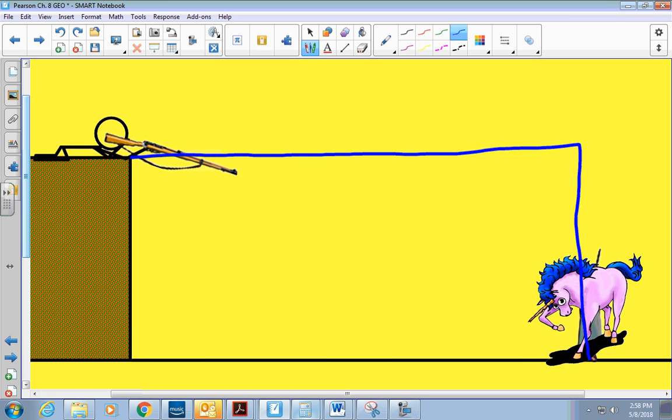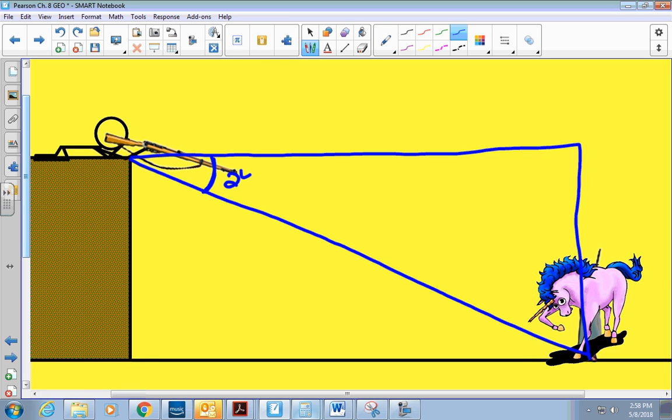It's going to meet our unicorn. Our angle of depression is 24 degrees. The height of our cliff, from the top to the bottom, is 30 feet.